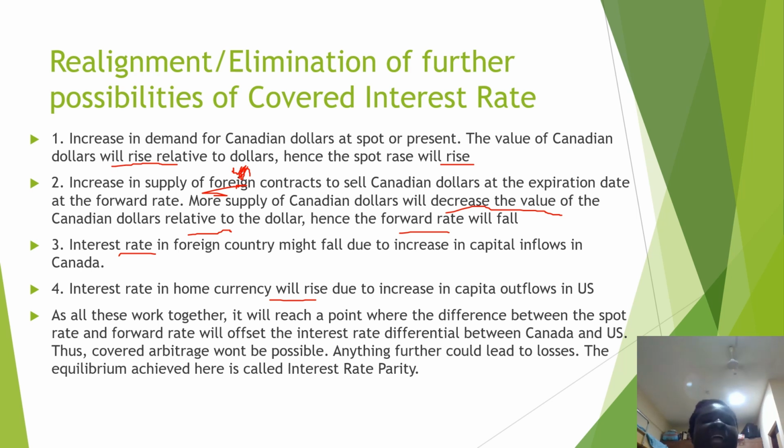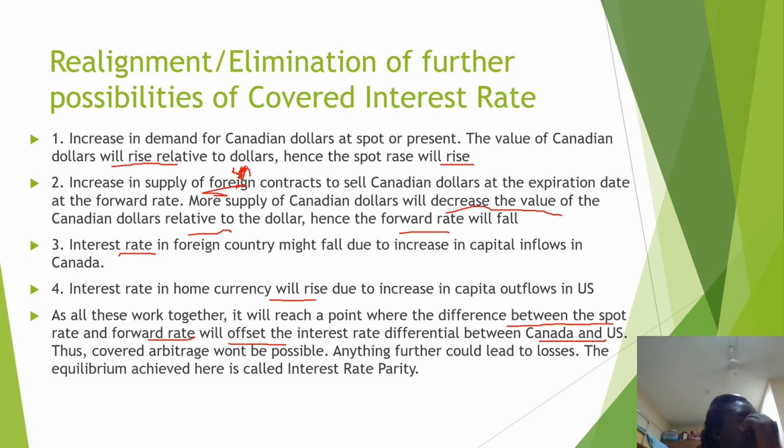As all these forces work together, this is rising, this is falling, we reach a point where the difference between the spot rate and the forward rate will offset the interest rate differential between Canada and the US.